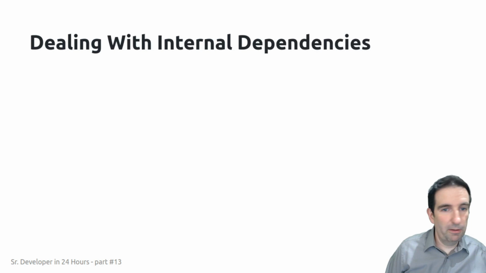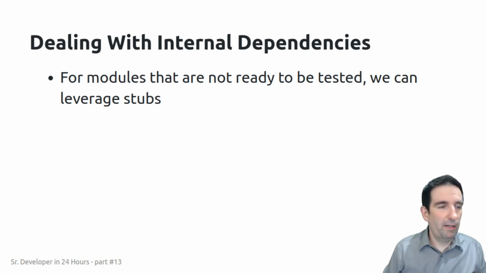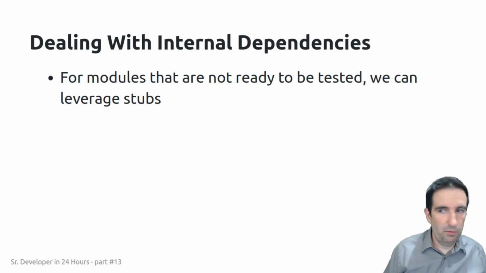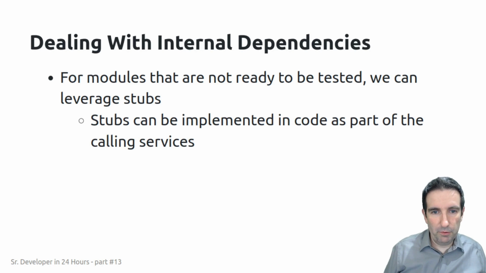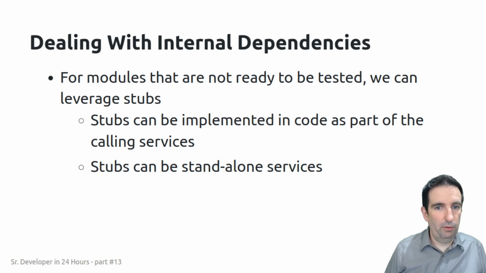We can be dealing with internal dependencies. If we are talking about internal dependencies, we're basically talking about modules that are not ready to be tested. So, we can leverage stubs for this. We can leverage them as code within the calling component, or potentially they can be standalone services so that they can be called by different components.